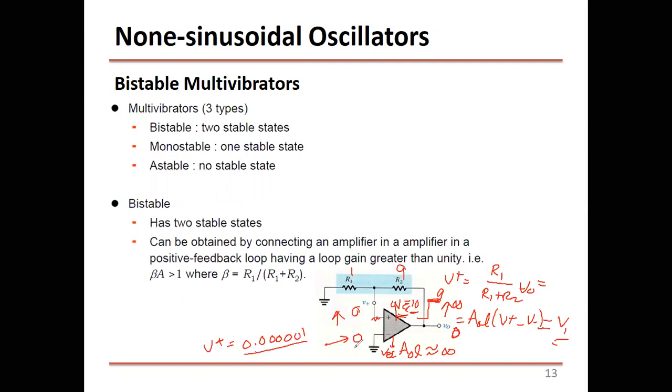So even if you have a connection like this without any input, due to the internal noises, it depends. If the noise is positive, this will hit the maximum. Now, if you repeat the same thing with a negative voltage, everything will be the same except that you will hit the negative rail, minus VEE.